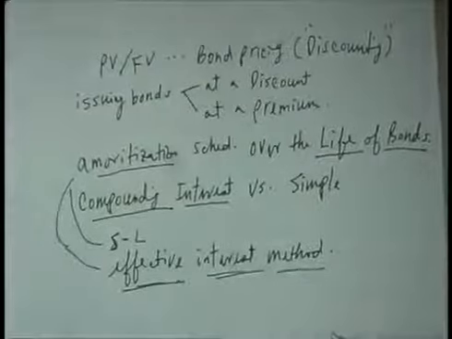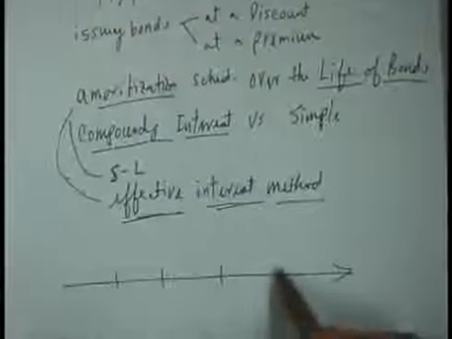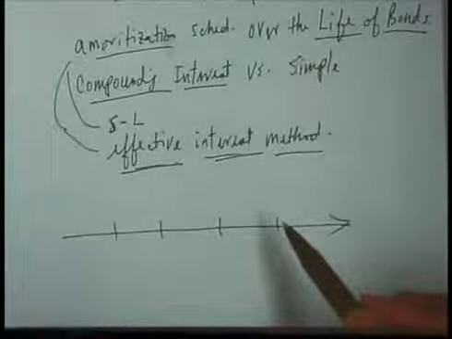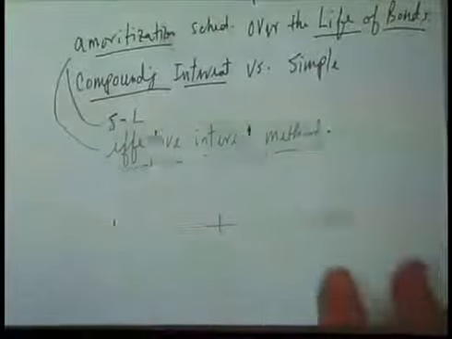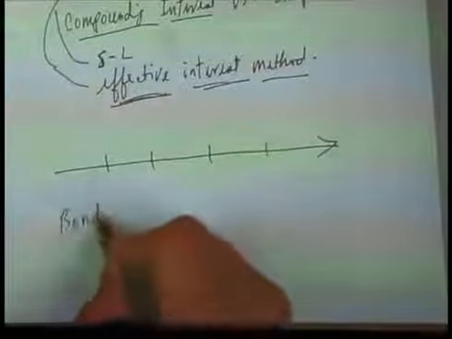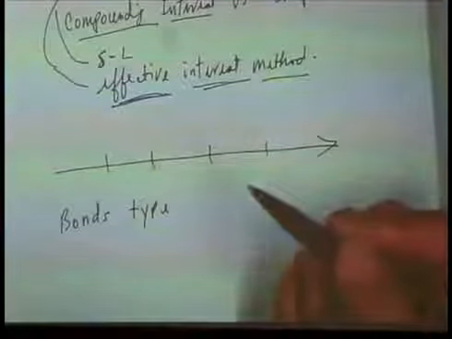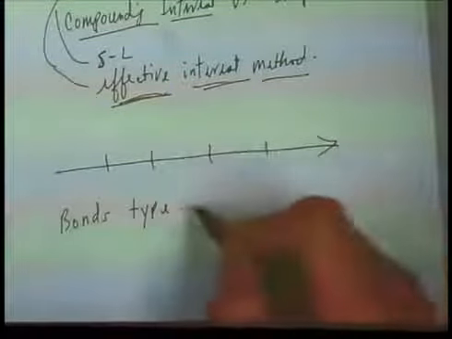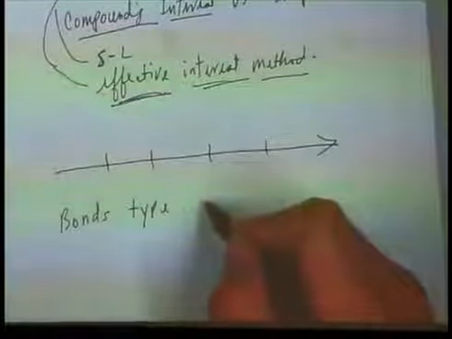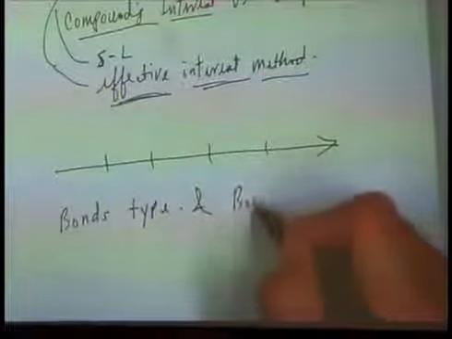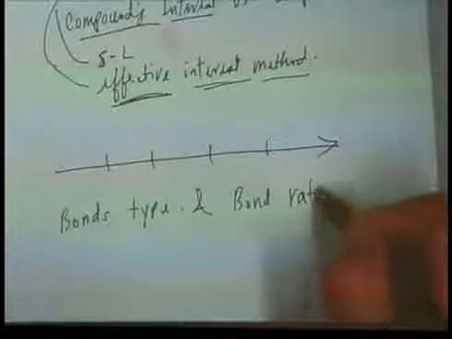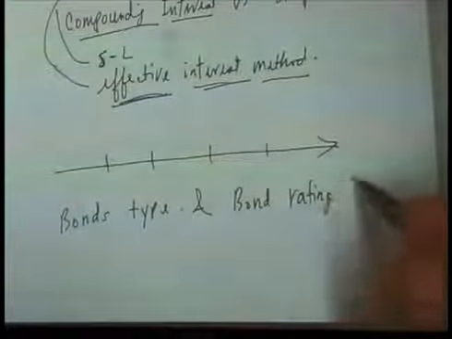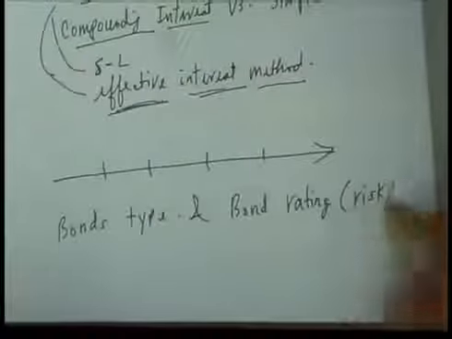When we did the timeline the other day with $100, so that's that. That's effective. And then after that, we're going to talk about types of bonds. And bond rating. In other words, risk involved.